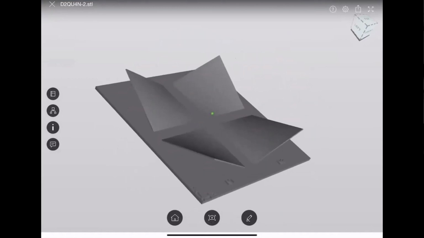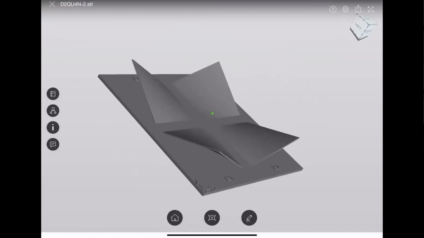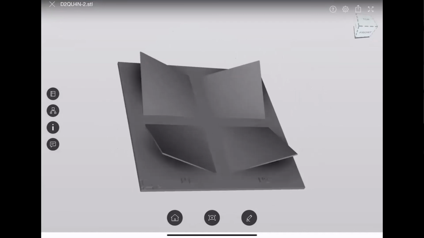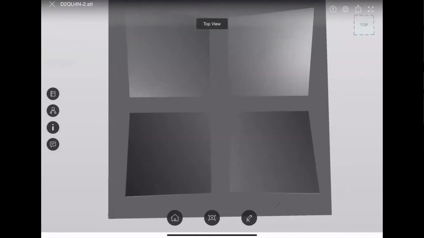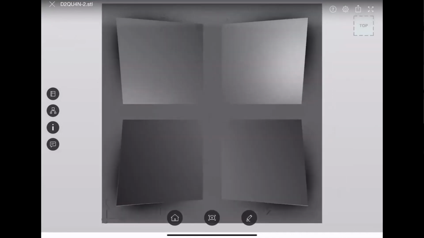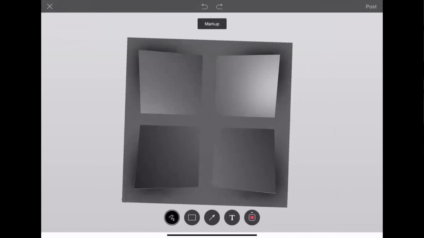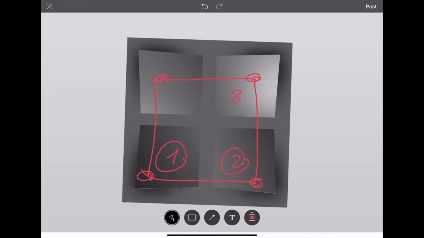So these are the shape functions, and they have the same order that we had used for our element. Remember, if it was a D2QU4N, so a 4-noded quadrilateral element, we said that it has 4 nodes, and the nodes are 1, 2, 3, 4.